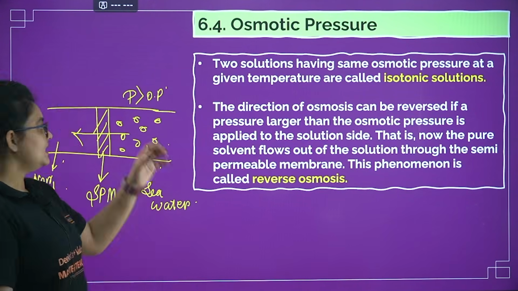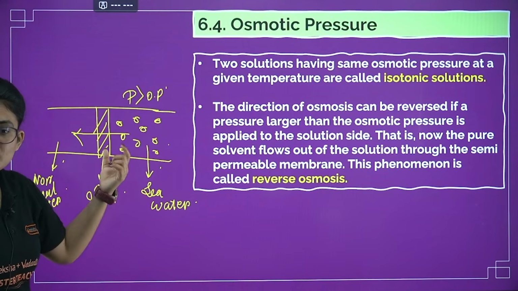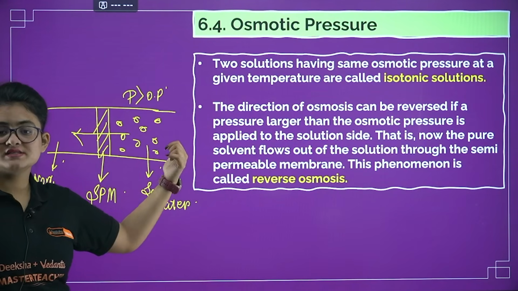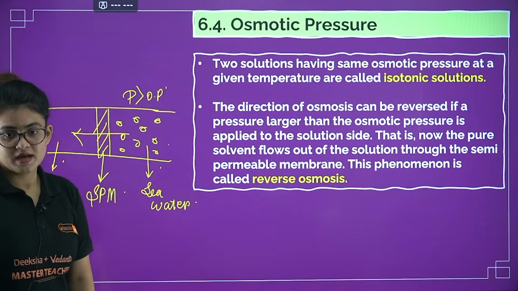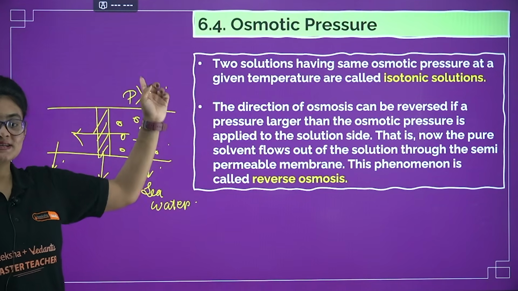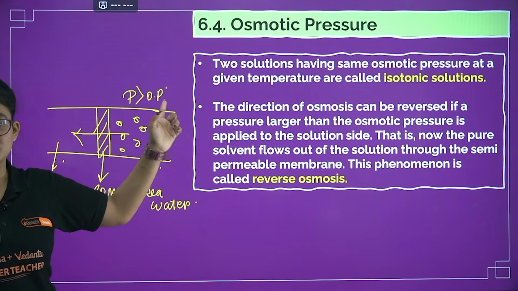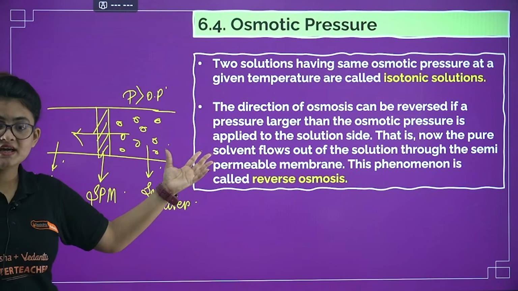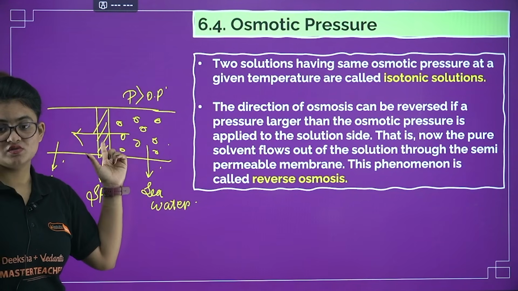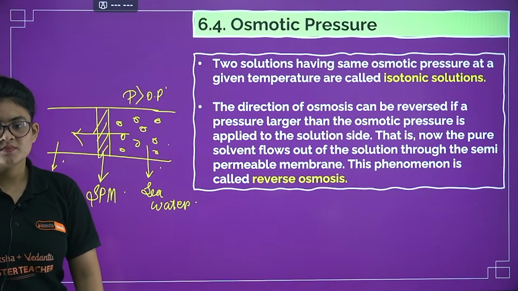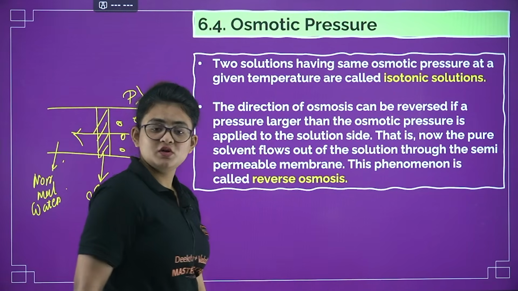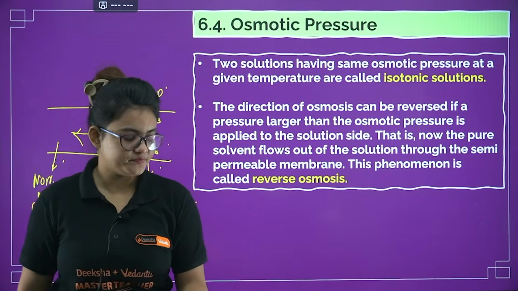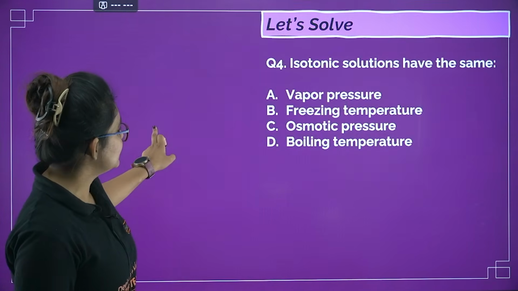Usually the solvent moves from low concentration to high concentration, but whenever the pressure is greater than the osmotic pressure, it forces the solvent to travel from the high concentration zone to the low concentration zone. That is reverse osmosis. Utilizing this, we do desalination of seawater. I guess it's clear.